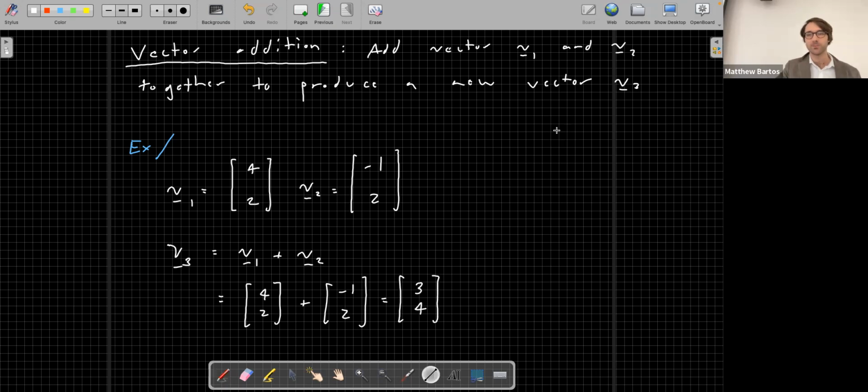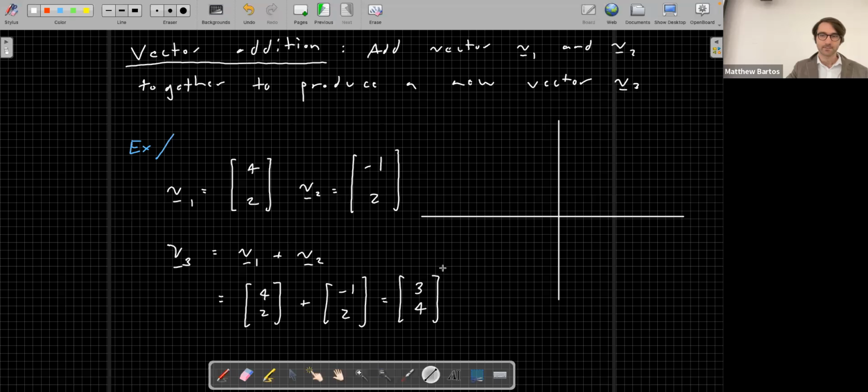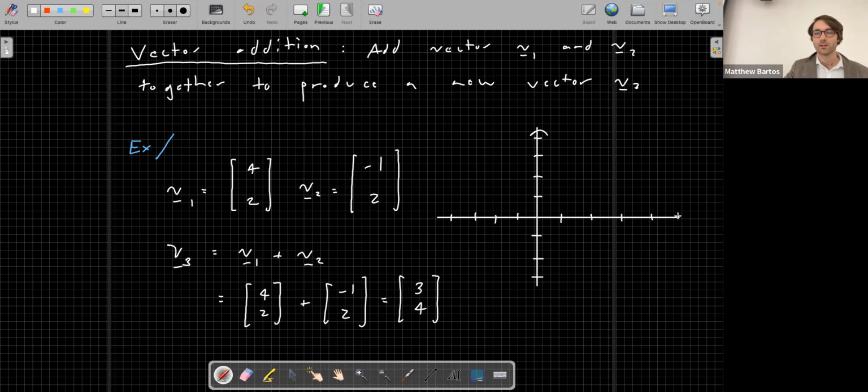We can draw this out on the coordinate plane as before, just to visualize what's going on. Let me redraw that. So we have our tick marks here. And again, I know this is a bit slow, so just be patient as we cover these basics.